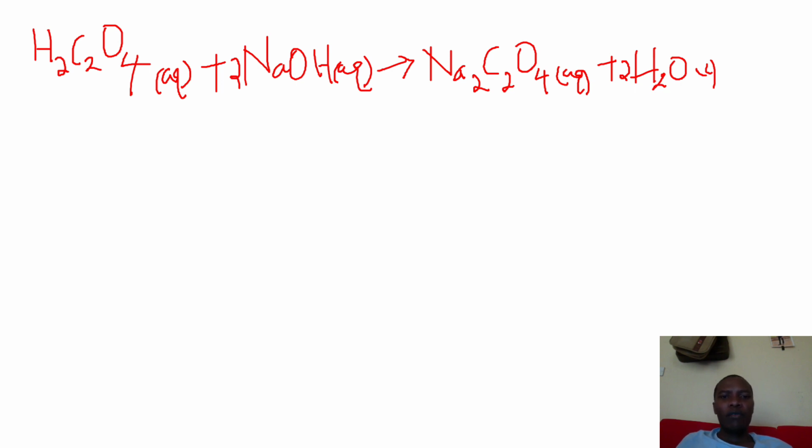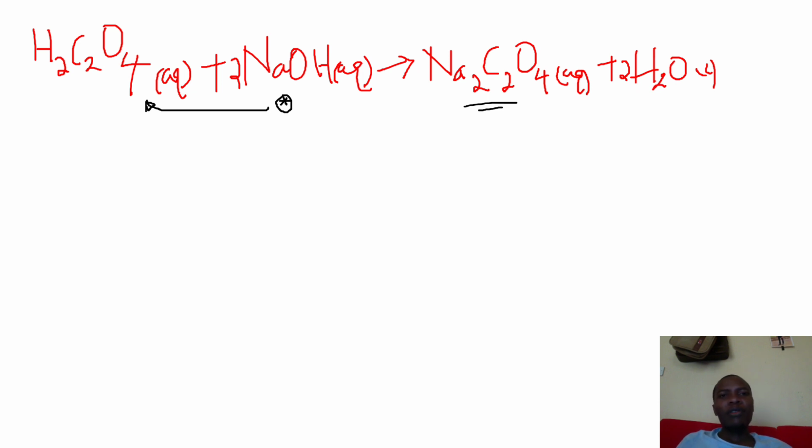Remember, we've been given the sodium hydroxide. So we can use this sodium hydroxide to get the oxalic acid that we are interested in. After getting the oxalic acid, it is so easy for us. We shall have already got the number of moles of the sodium oxalate which can be produced by the oxalic acid present in that mixture.